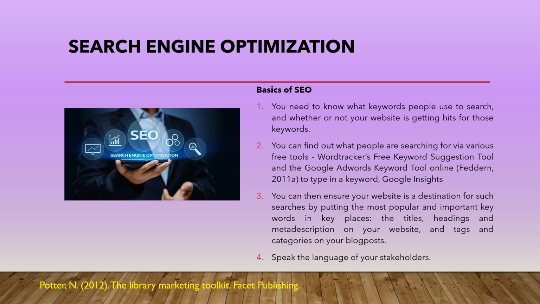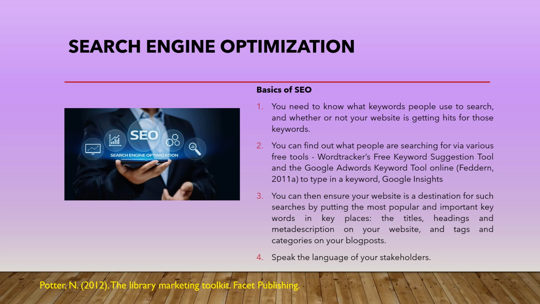You can use tools like Word Tracker, free keyword suggestion tools, the Google AdWords keyword tool online, and also Google Insights. They will give you the common search keywords that people usually use when searching for something in the library website.